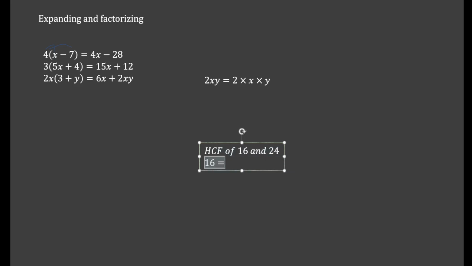So 16 would be 2 by 2 by 2 by 2, and 24 would be 2 times 2 times 2 times 3. So the common factor would be this.